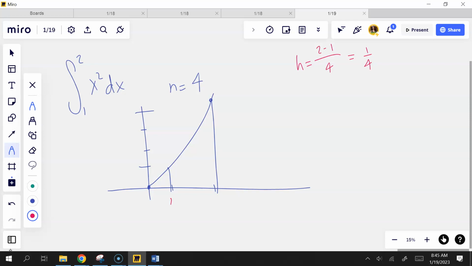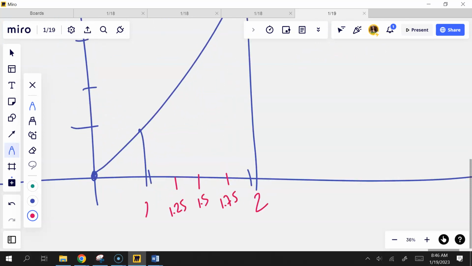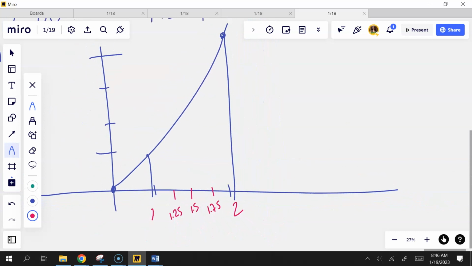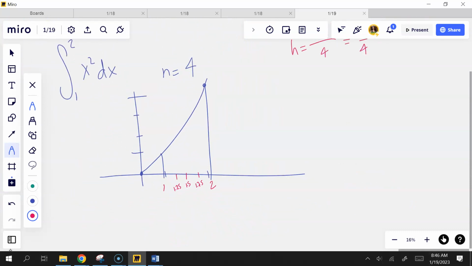So I start at 1, 1.25, 1.5. I need 4 intervals. I need it split into 4 equal intervals. I made mine way too small too. Sorry.